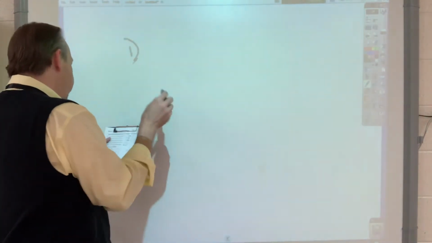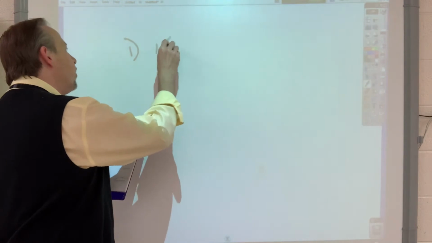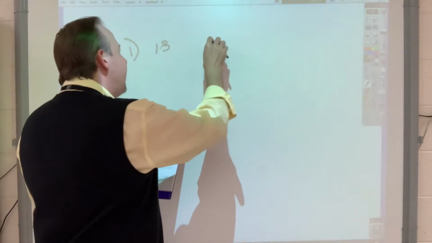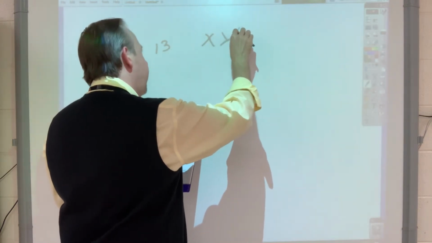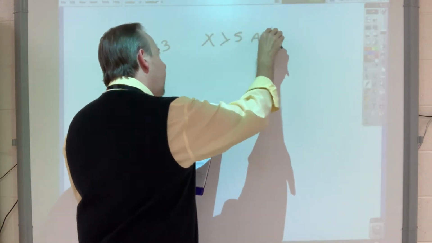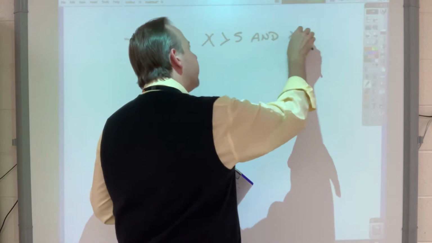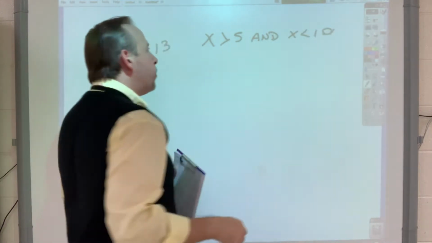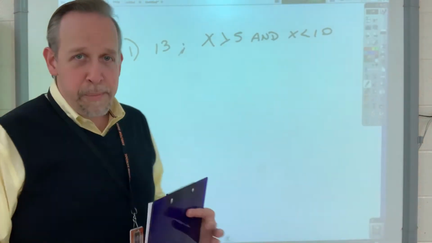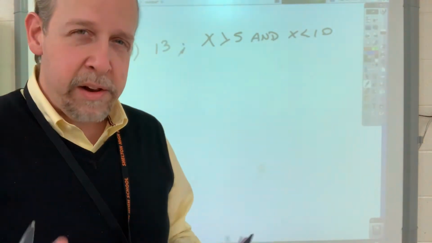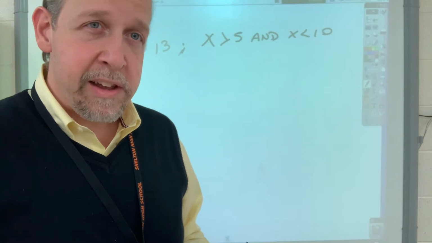For number 1, for example, it's asking about the number 13. It wants to know if it falls into x is greater than 5 and x is less than 10. That was the question. So does 13 fit the criteria of being both greater than 5 as well as less than 10?